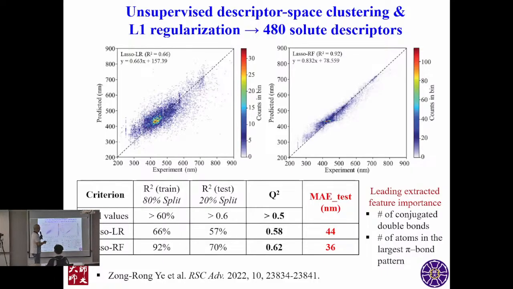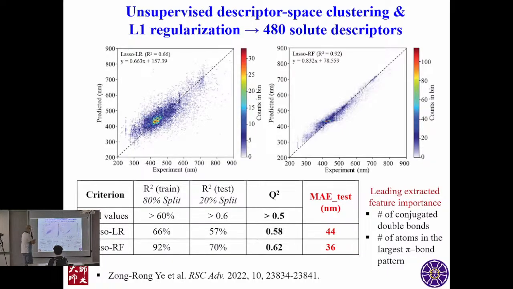So you can see the descriptor space is reduced from 11,000 plus to 480. You can even make it smaller if you want, but if you use fewer descriptors, your prediction error could be larger. So it's also a balance. Here we have 480 descriptors.